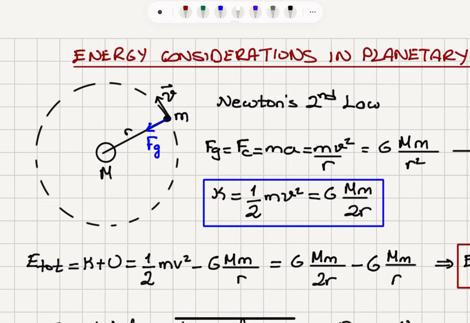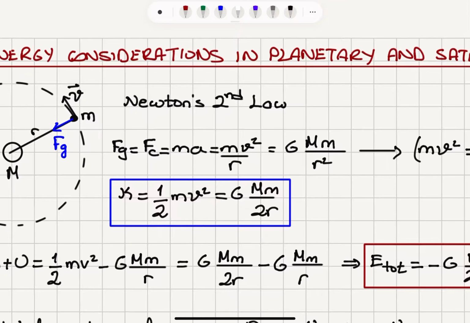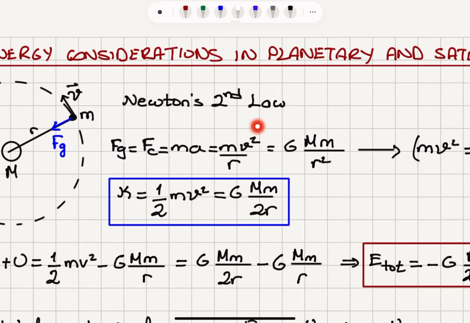Now, for this uniform circular motion, if we write Newton's second law, we can see that the gravitational force is the centripetal force, which is its mass times the centripetal acceleration, where the centripetal acceleration is given by v squared over r.